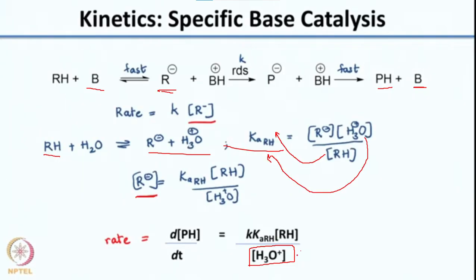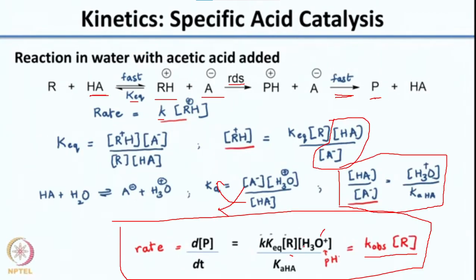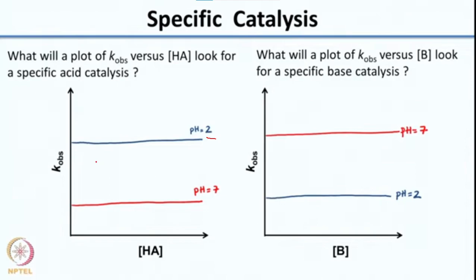The pH value will be lower, since a low pH value indicates high acidity, right? So acidity will be higher, then the rate will also be higher. Here pH 2 is higher acidity, so k observed value is more. In this case pH 7 is showing lower acidity, that means k observed value is also low, right?